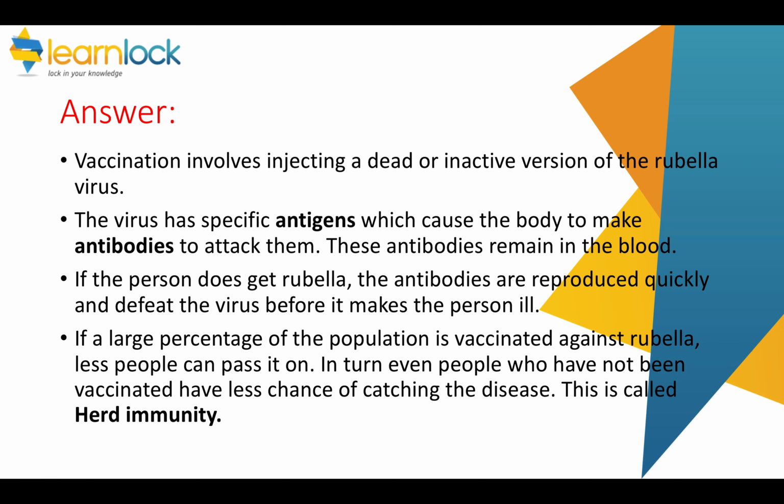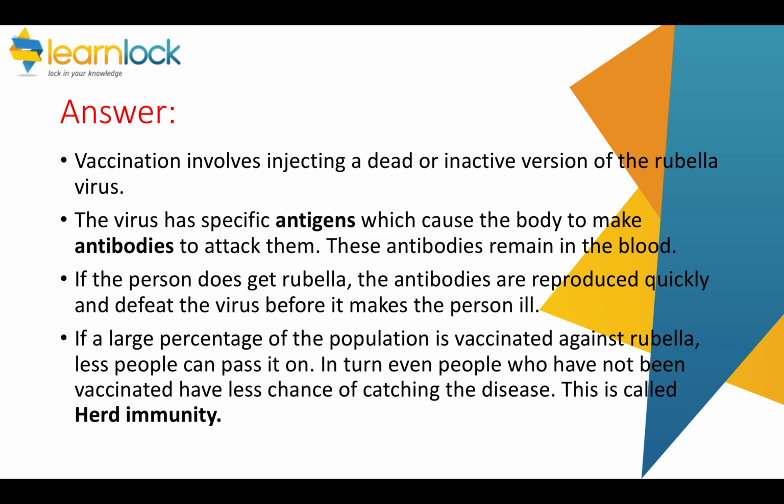The virus that you've then injected has specific antigens which cause the body to make antibodies to attack them. Now remember, it's just a weak version of it, so you're not actually going to get rubella. But those antibodies remain in the blood. Then if the person does get rubella, the antibodies are reproduced quickly and defeat the virus before it can make the person ill. And that means that person will not then suffer from rubella.